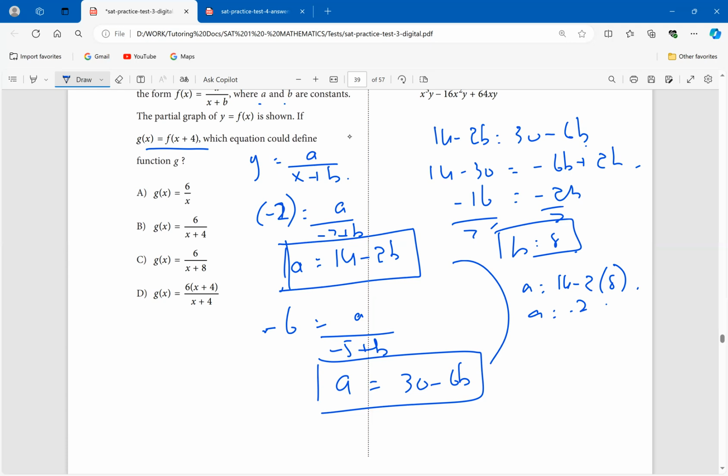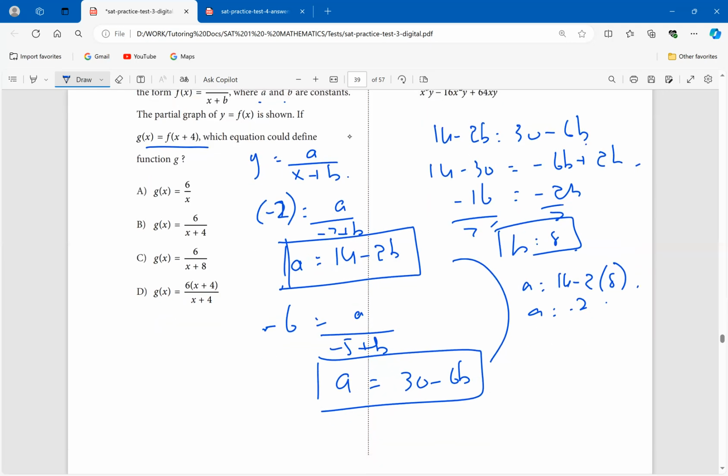Do we have the correct values? Hold on. Let me just recheck this calculation. I think we have made a mistake over here.